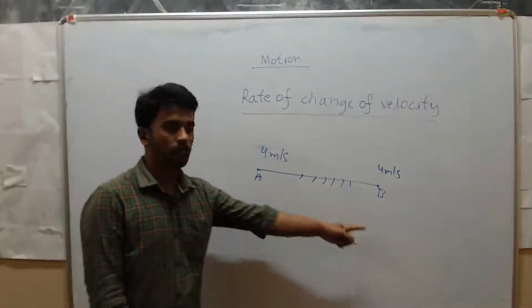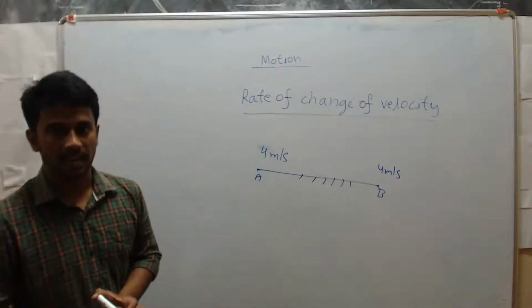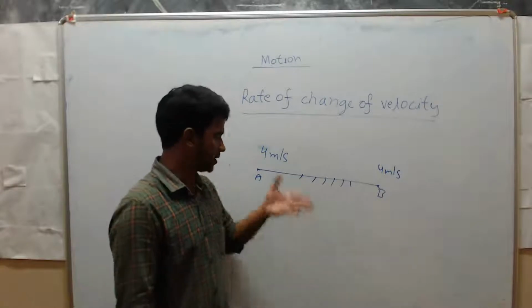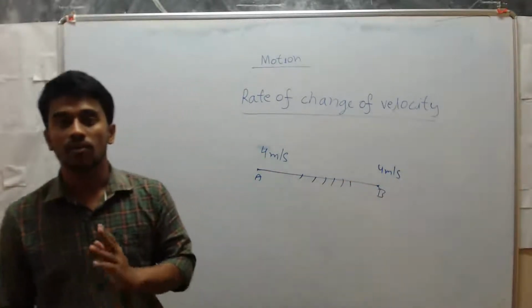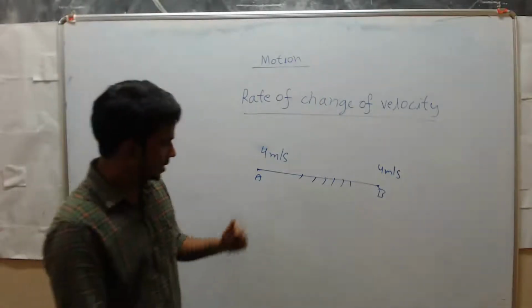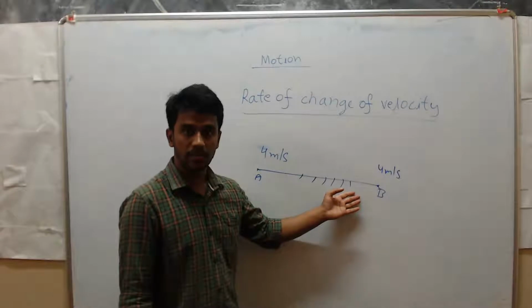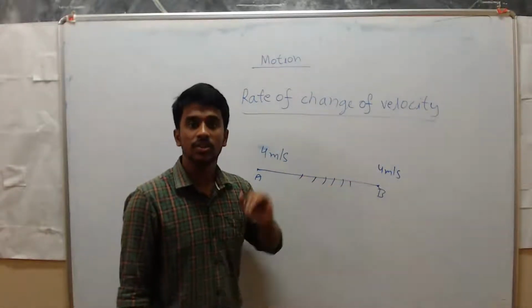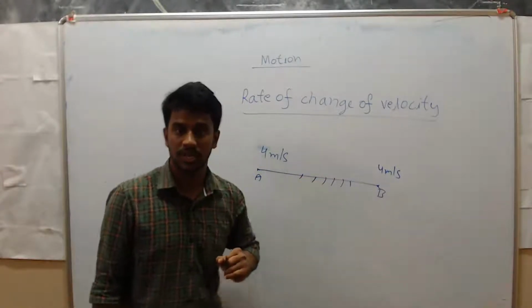At each and every point, the velocity of that object is 4 meter per second. The object traveled from A to B without changing its velocity, which means it traveled with the same speed, or constant speed.